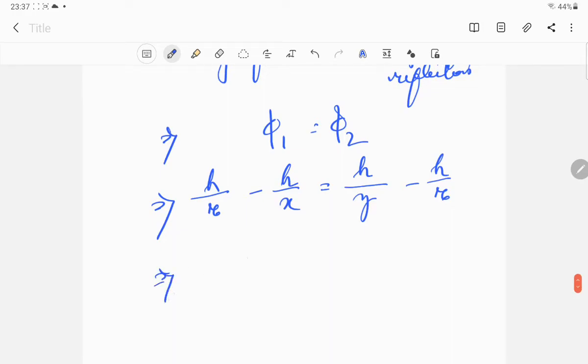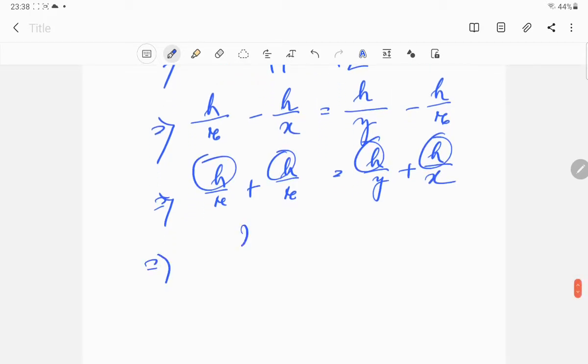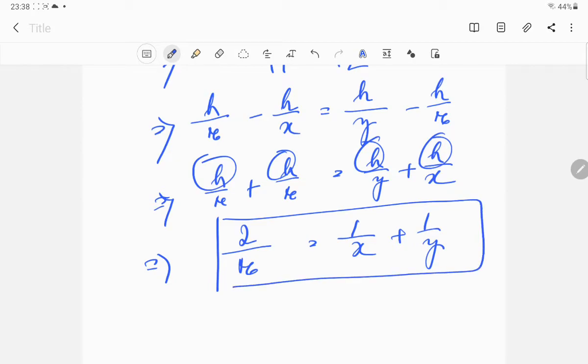So what we can do, we can bring h by r to this side. So it is 2h by r equal to h by y plus h by x. H is everywhere, so we can simply cancel it. So it will be 2 by r equal to 1 by x plus 1 by y.